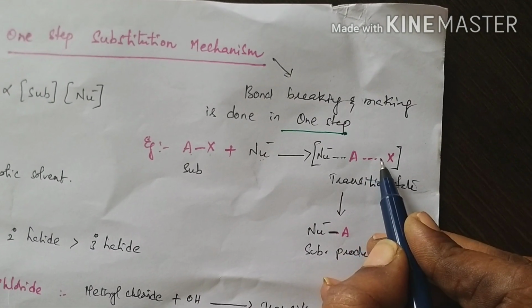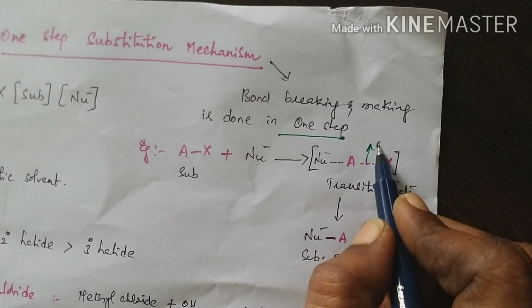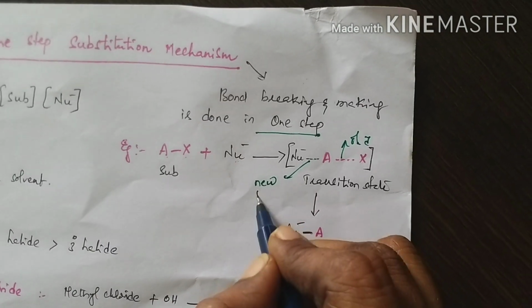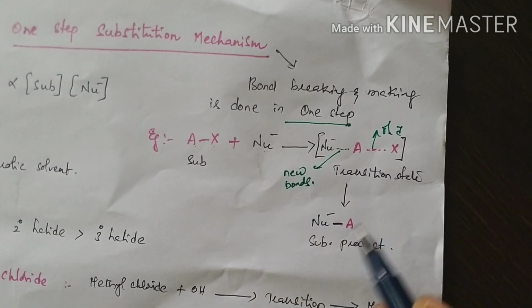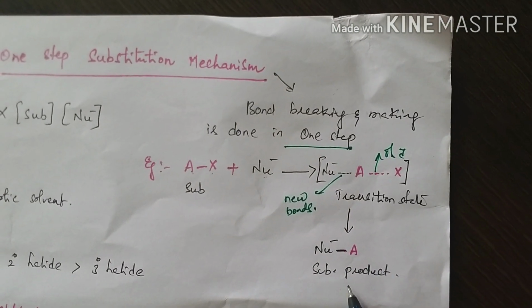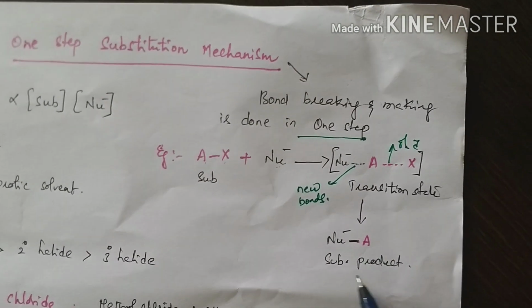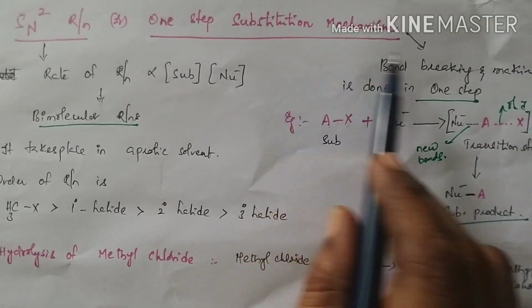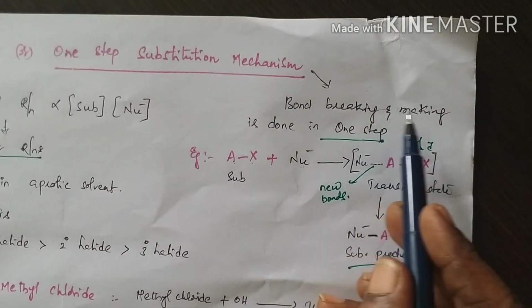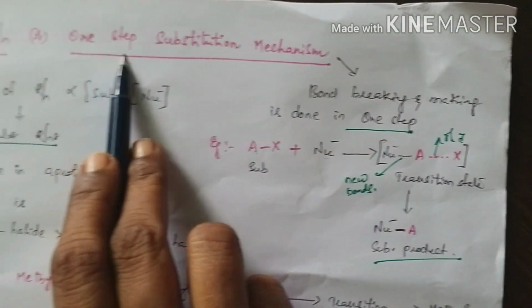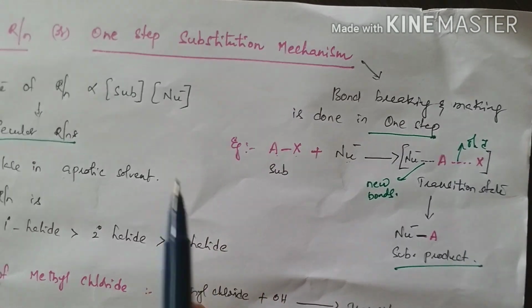Here pink color represents the old bonds and black color represents the formation of new bonds. This transition state produces the substitution product. So in the one-step substitution mechanism, both breaking and making take place in a single step. Hence it is called the one-step substitution mechanism.